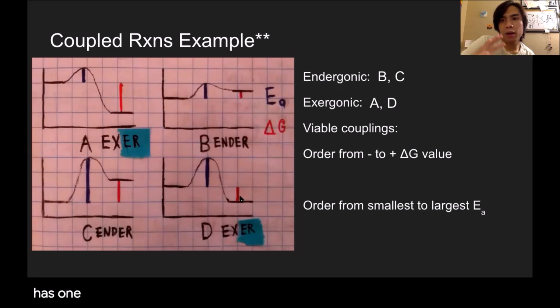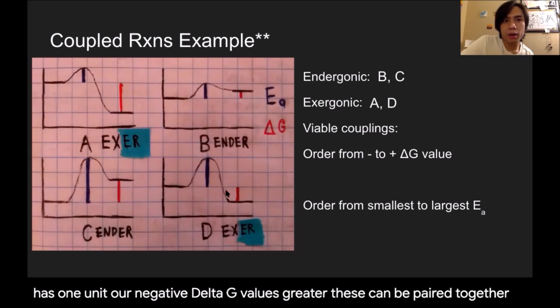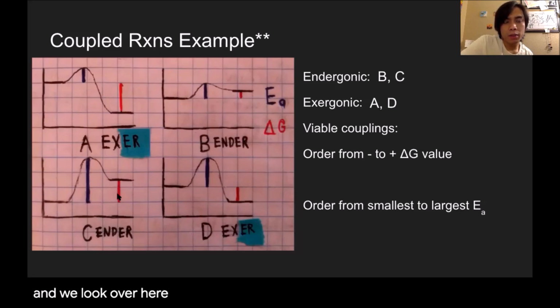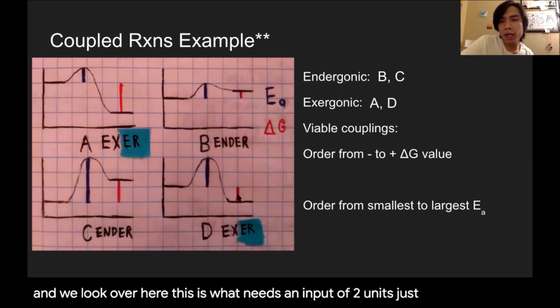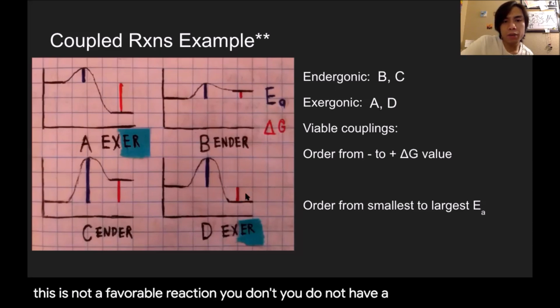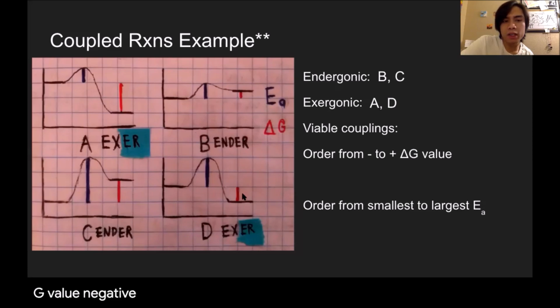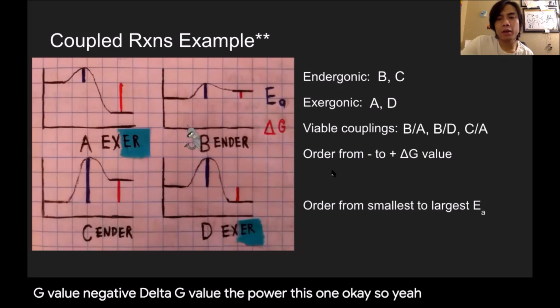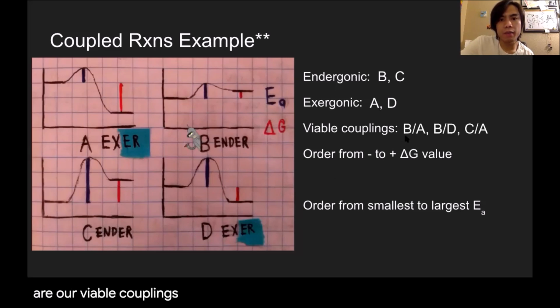This one has 1 unit. Our negative delta G value is greater, so these can be paired together. And over here, this one needs an input of 2 units. This one only has 1. This is not a favorable reaction. You do not have a strong enough negative delta G value to power this one. So yeah, those are our coupled reactions.